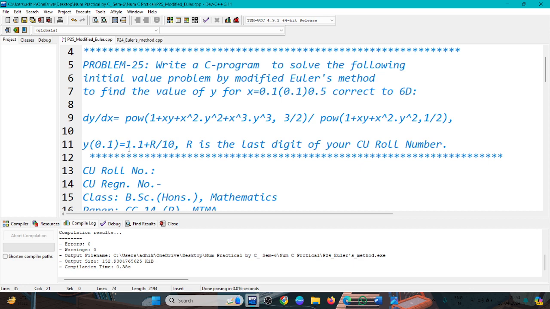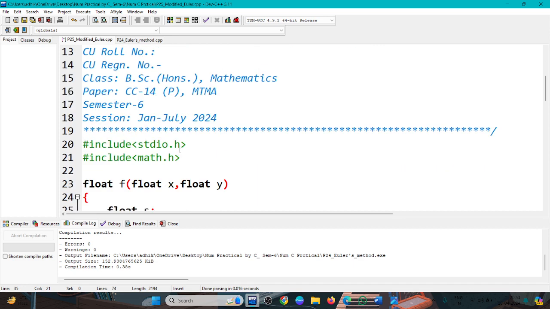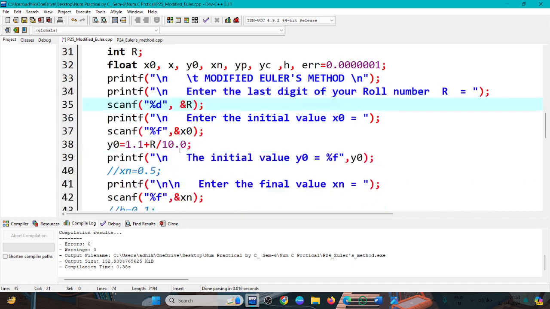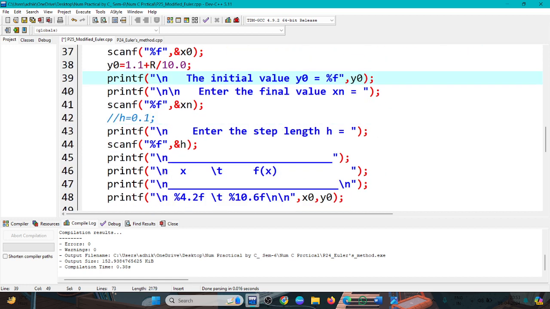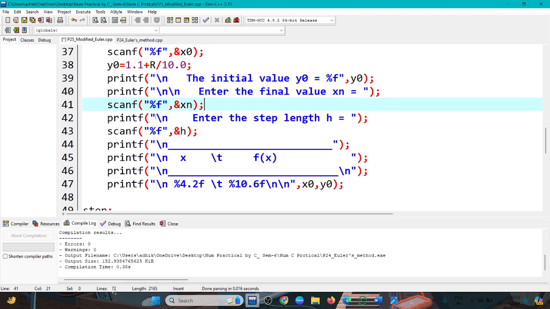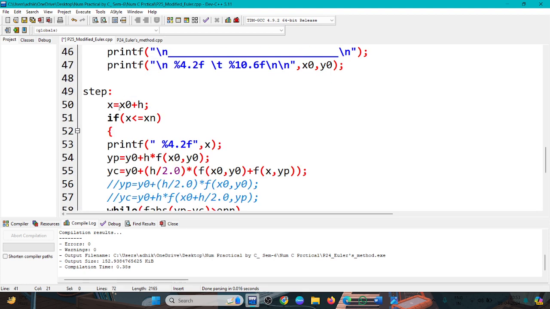So y0 equal to 1.1 plus r by 10, and h equal to 0.1 also, and xn, the final value of x, is 0.5, and h equal to 0.1.